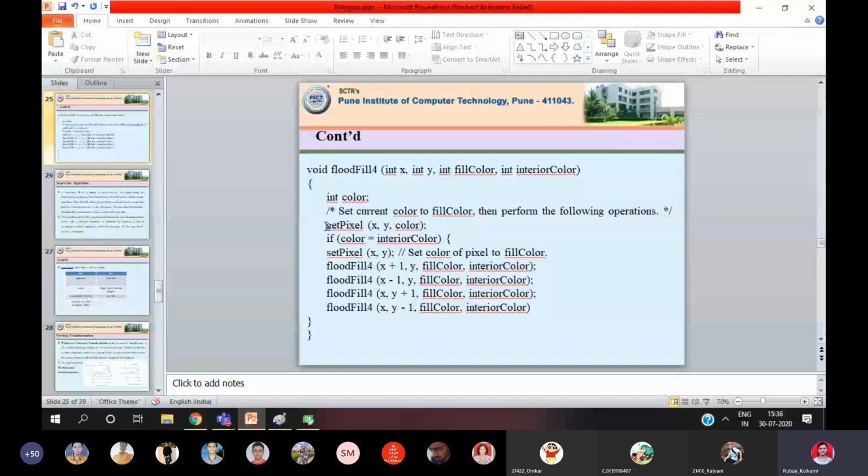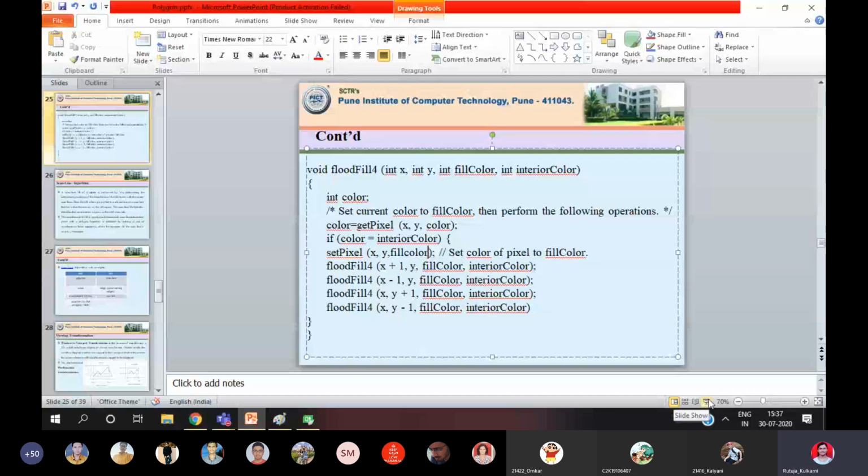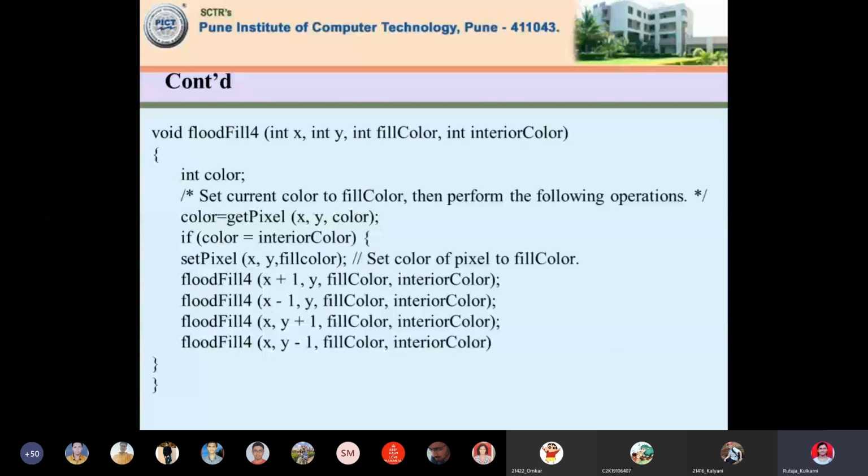Yes, it is equal to the interior color. Then set pixel x comma y comma fill color. Replace the interior color with the fill color. That's the only change in the flood fill algorithm. Got it? Any doubt over here?